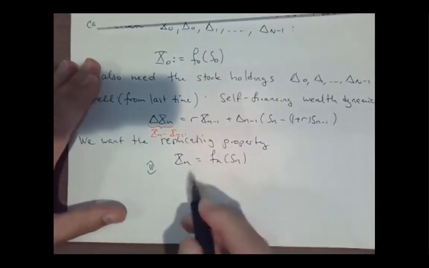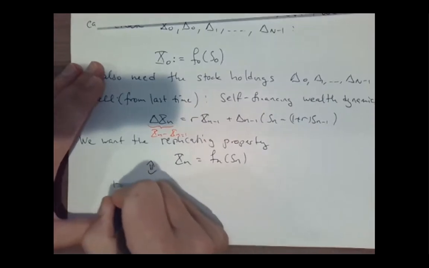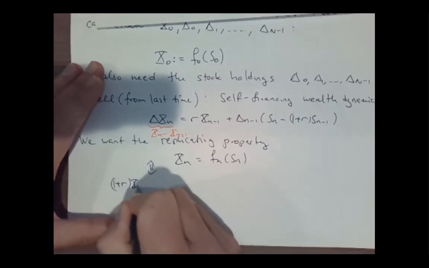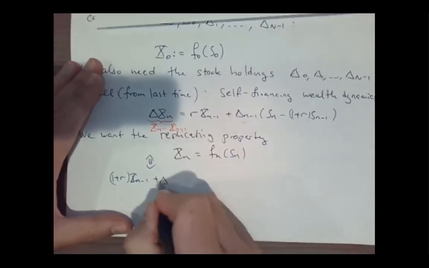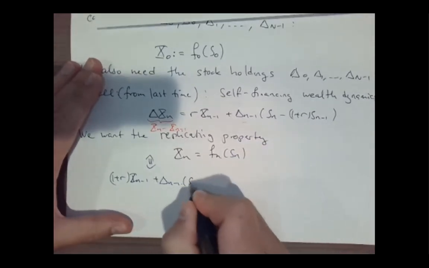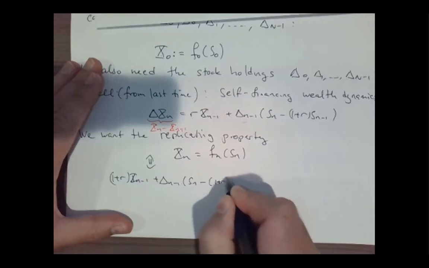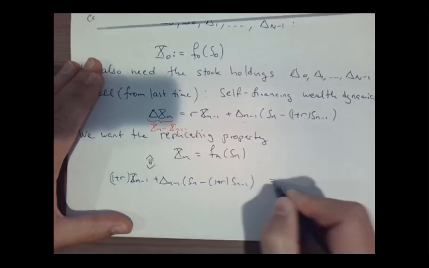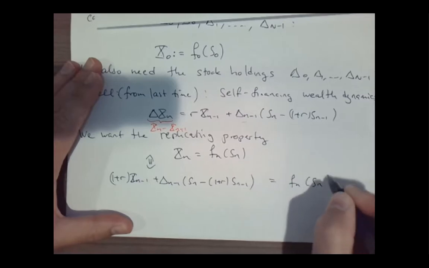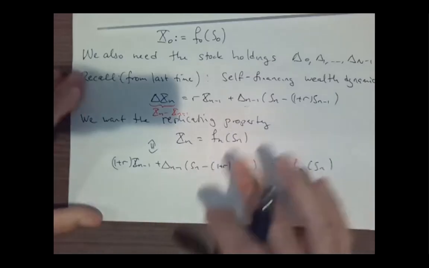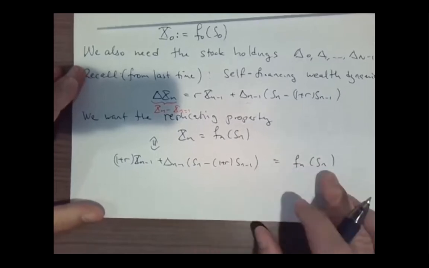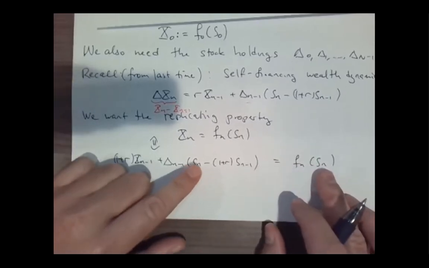I'll get 1 plus r xn minus 1, and then the other term. I want this to be fn of Sn. But if I'm sitting at time n minus 1 and I want this to be true, the random components are inside Sn here.